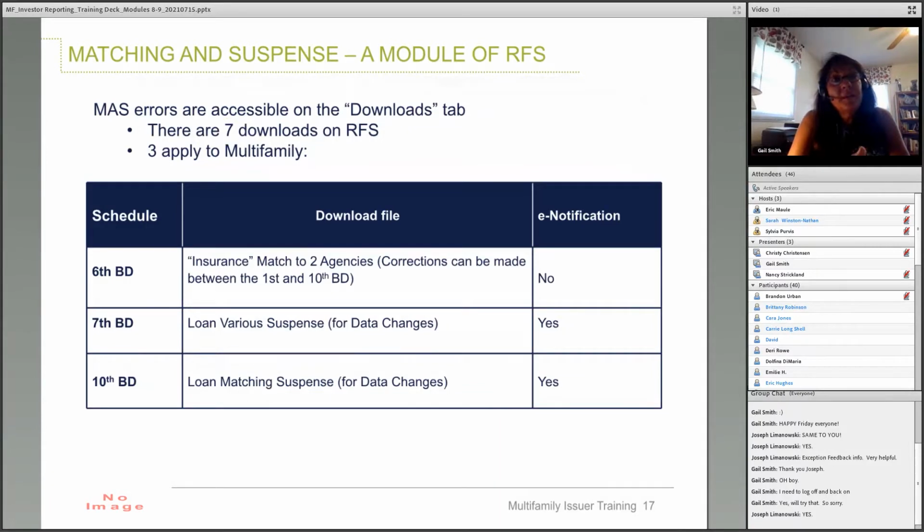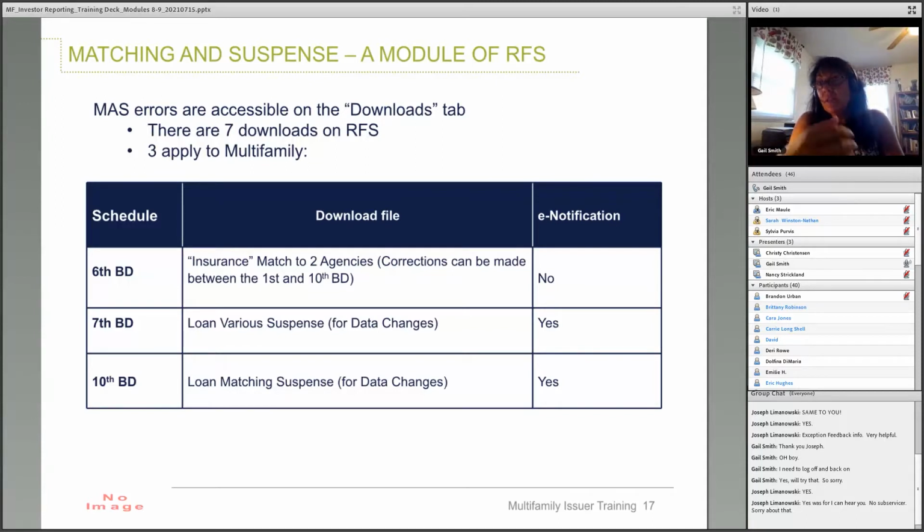Okay. Matching and suspense, again, is a module of the reporting and feedback system, RFS. The matching and suspense errors are accessible on the Downloads tab. There are 7 downloads on RFS. 3 apply to multifamily. So your insurance matching download, you will want to pull after the 6th business day. We run matching on the 5th business day, and then you can see everything that comes in as a non-match on the 6th business day.